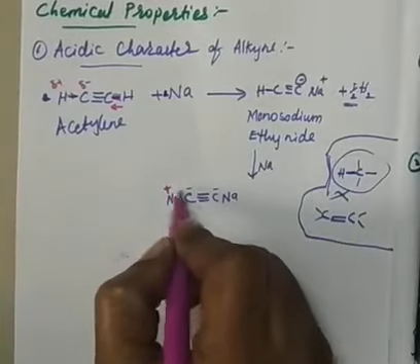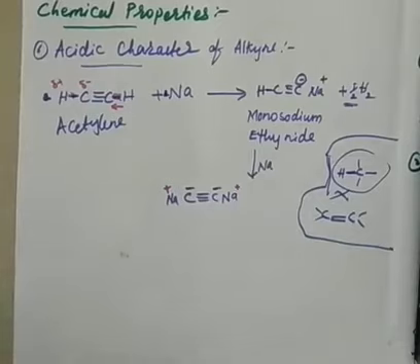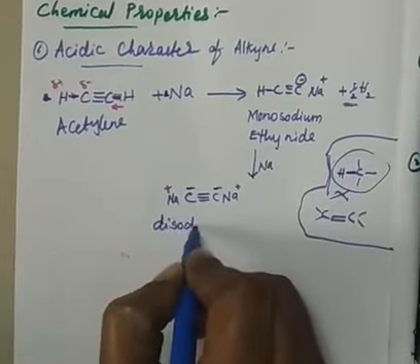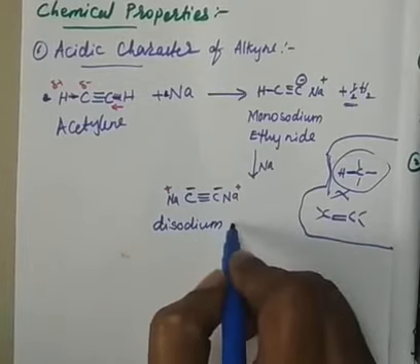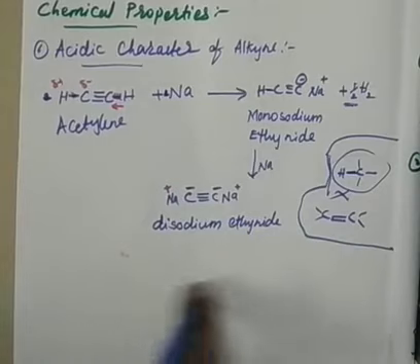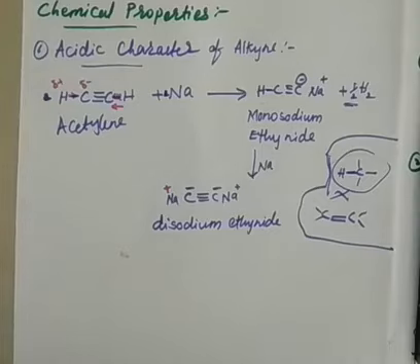Because there are 2 sodiums, it is disodium ethanide. Don't worry about this name. There are 2 sodium atoms and 2 ions.